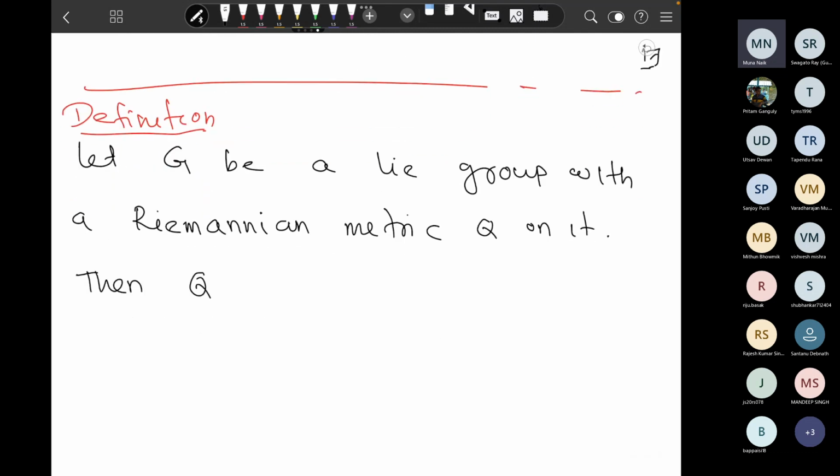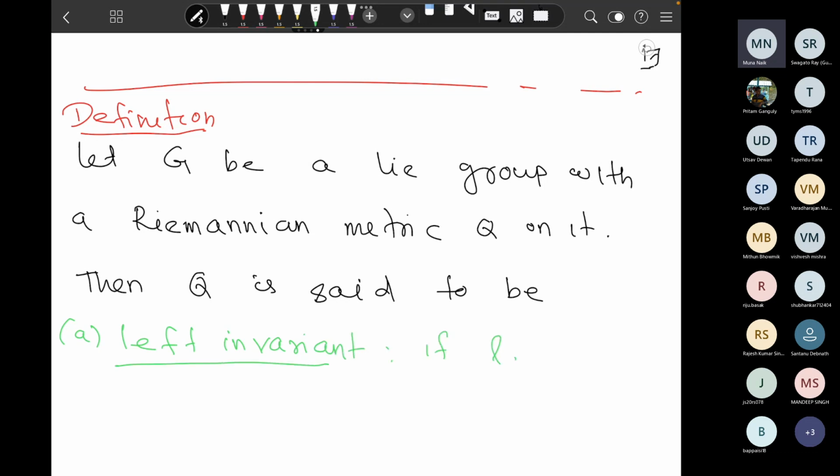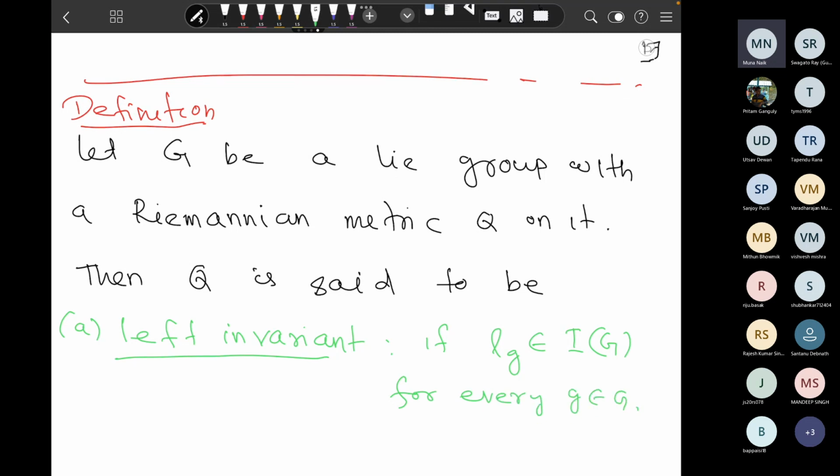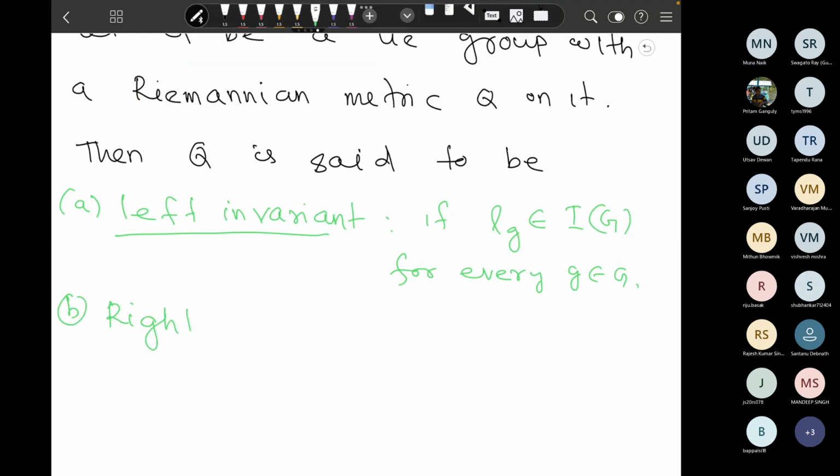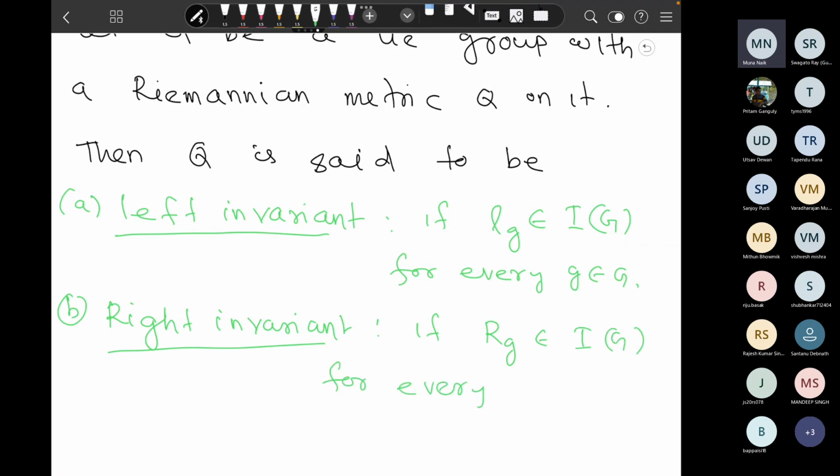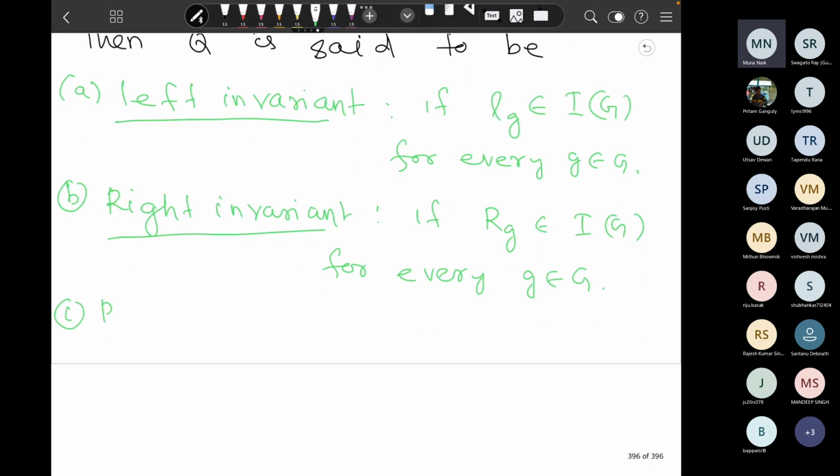Then Q is said to be left invariant if L_g belongs to the isometry group for every g belongs to G, and right invariant if R_g, meaning right translation, belongs to the isometry group for every g belongs to G. Q is bi-invariant if both L_g and R_g belong to the isometry group for every g belongs to G.